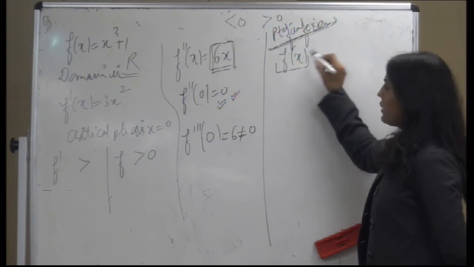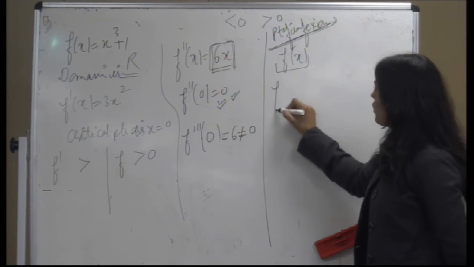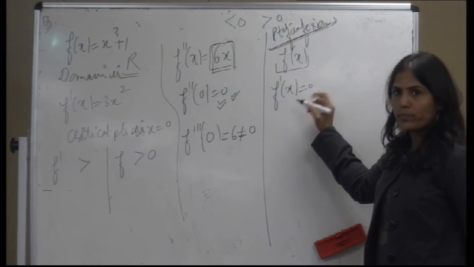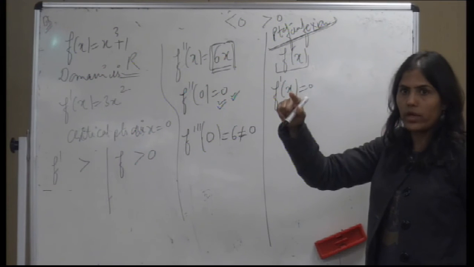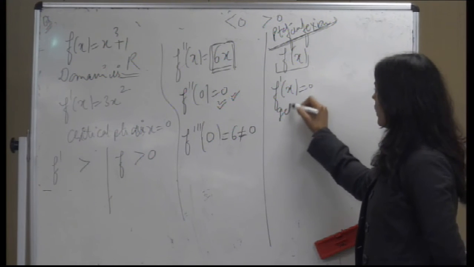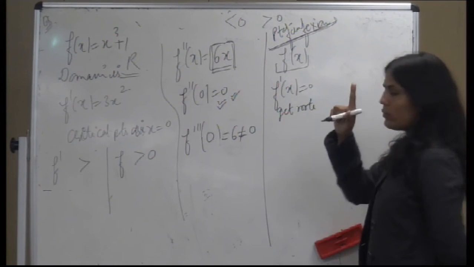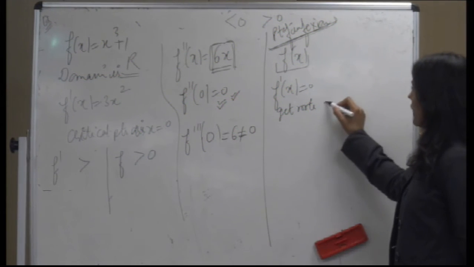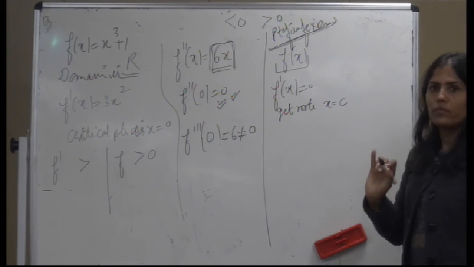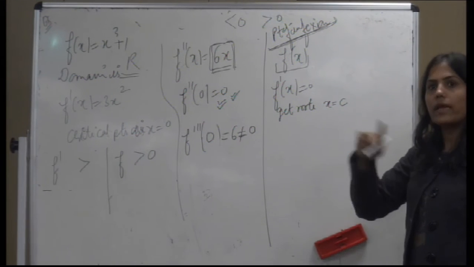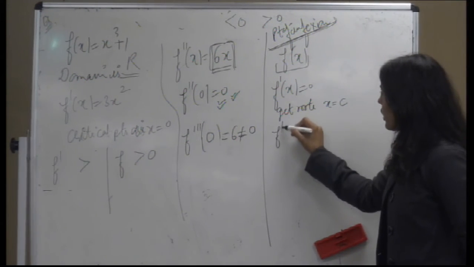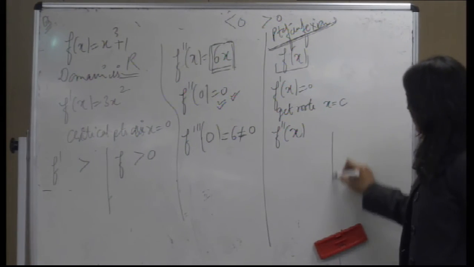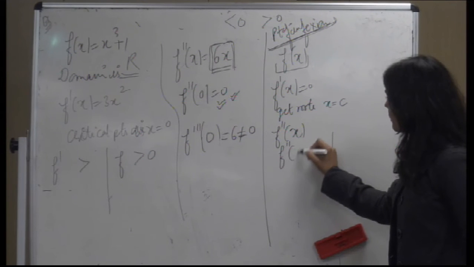You take any function, you calculate the derivative, you equate it equal to 0, and you find some points. You get the roots, and suppose I am discussing only one point now to tell you the concept. Suppose one root is this. What do you do then? You calculate the second derivative.